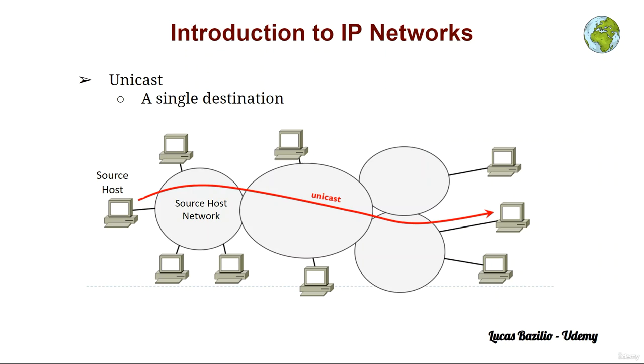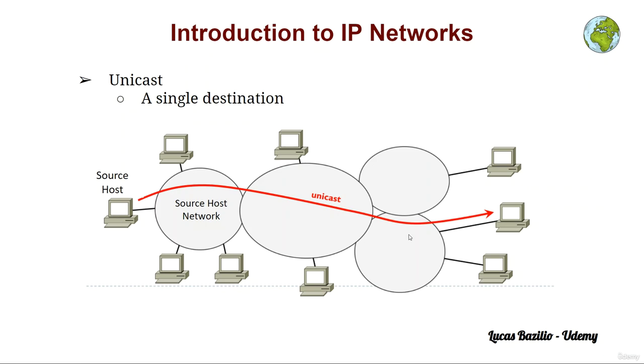Let's visualize all three types of datagrams in IP networks. First we have the unicast, with only a single destination. Here we have the source host, this computer, this PC. We want to go from this PC to this destination PC, so we only have one destination.